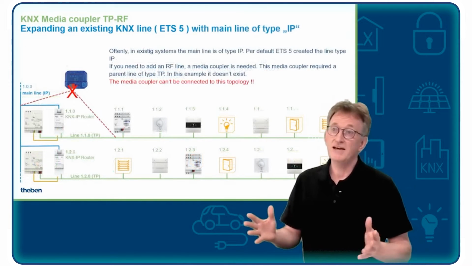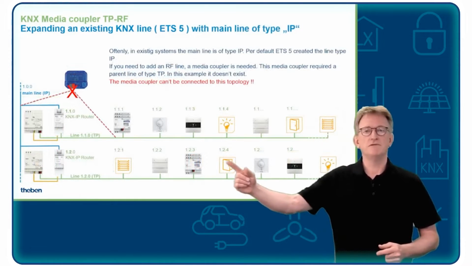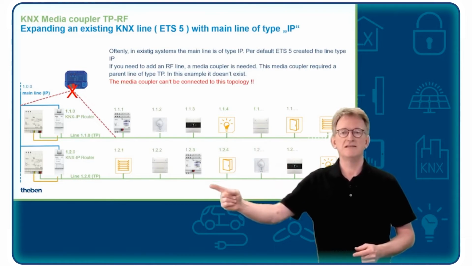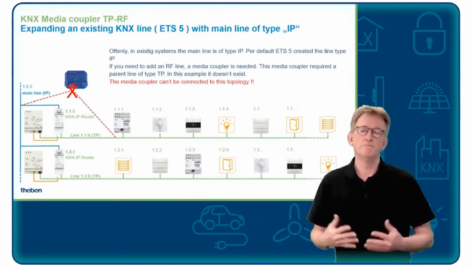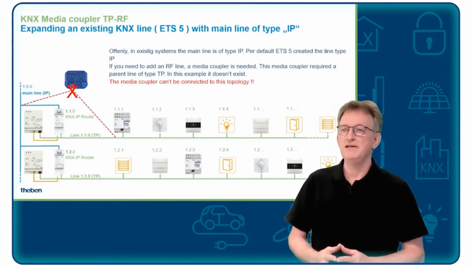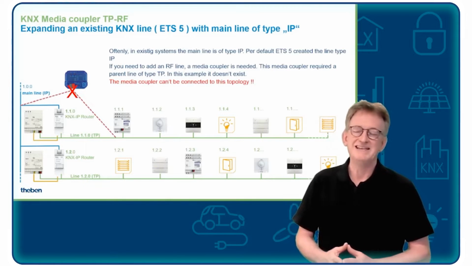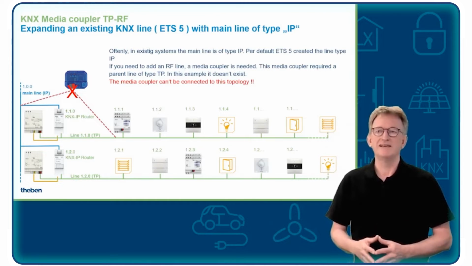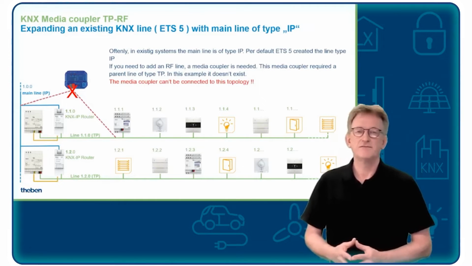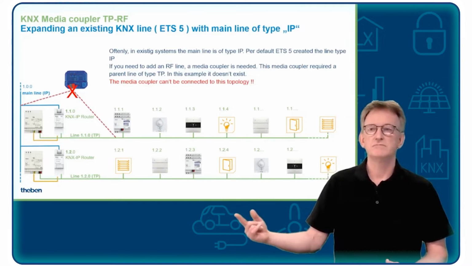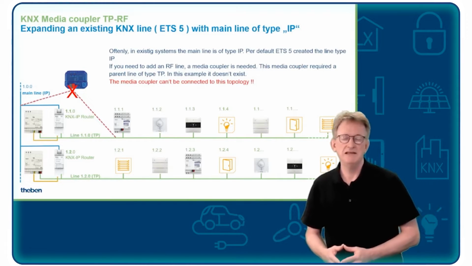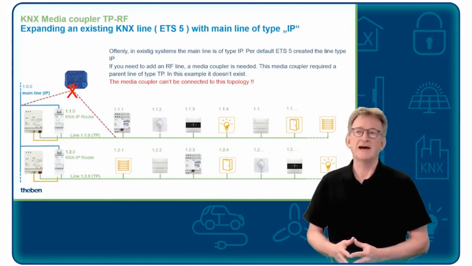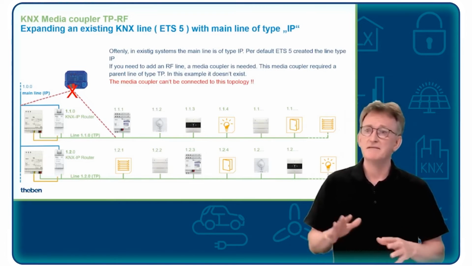If you have a different topology, for example, an existing line 1.1 but also an existing line 1.2, both of type TP, and you have already designed in your KNX environment that the main line is of type IP, so each line is connected via IP with a KNX IP router. Makes sense, could be done, everything nice.